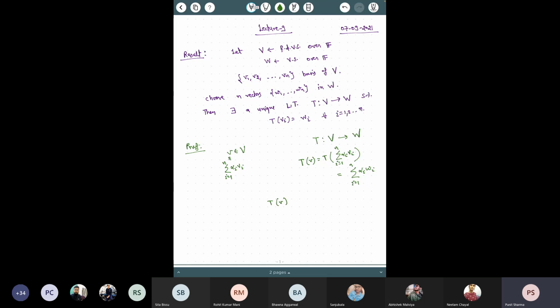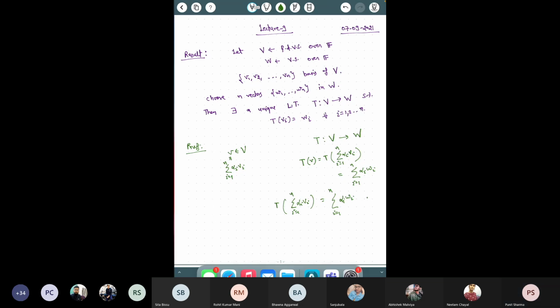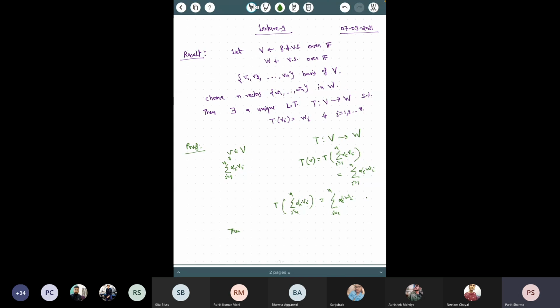T of the sum from i equal to 1 to n of alpha_i Vi is equal to the sum of alpha_i Wi. So this is the function. Now you can verify that this is a well-defined function from V to W. Not only that, this T is a linear transformation from V to W. This is very straightforward, so you can verify.